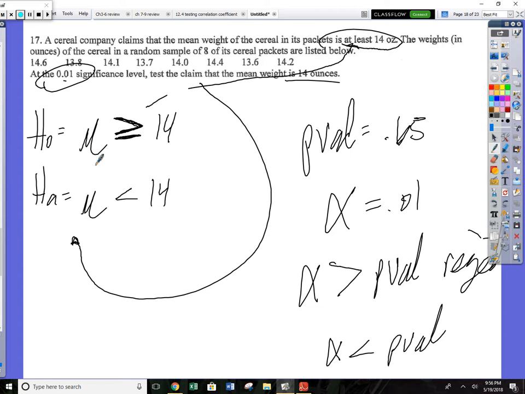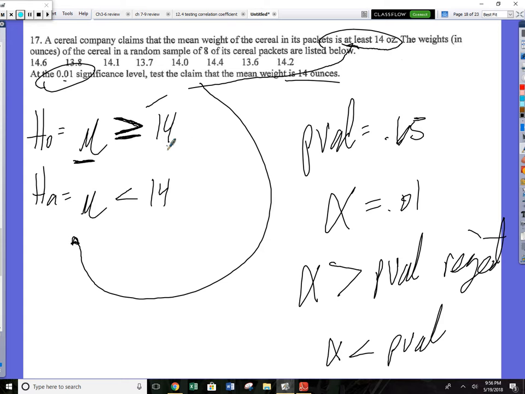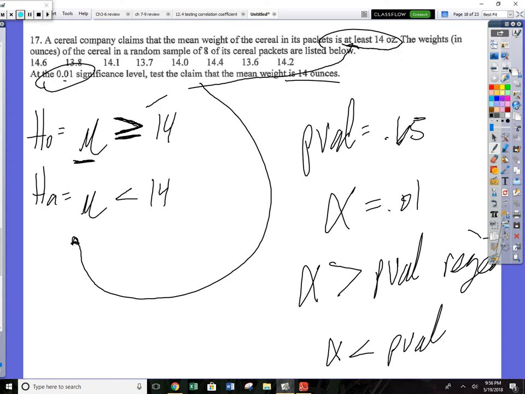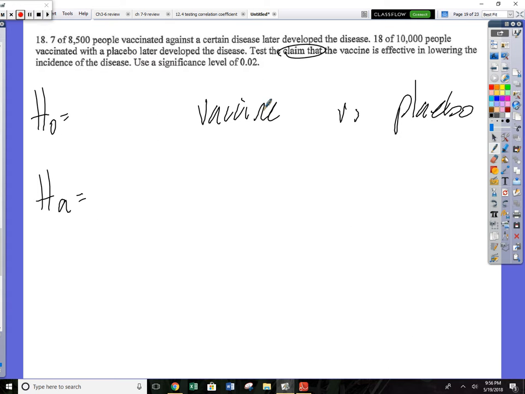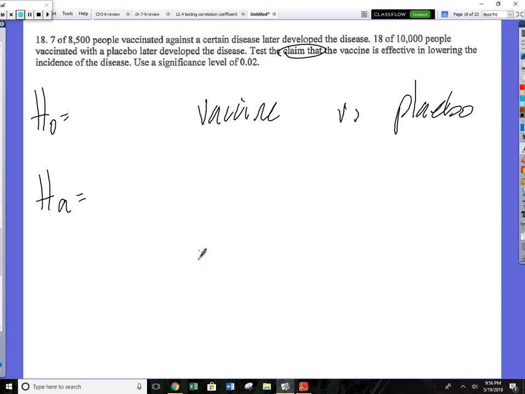Before, we were comparing the average to a target number, 14 ounces. Now this is not an average, this is a proportion. For the vaccine, 7 out of 8,500 people got it, that's a percent, so it's a proportion. Placebo, 18 out of 10,000 got it.